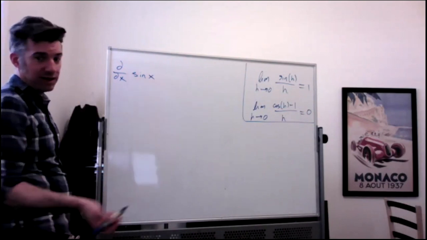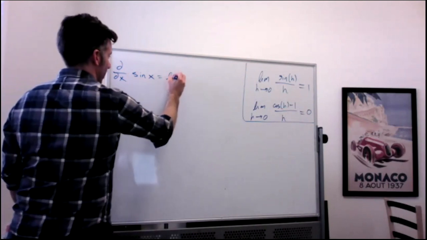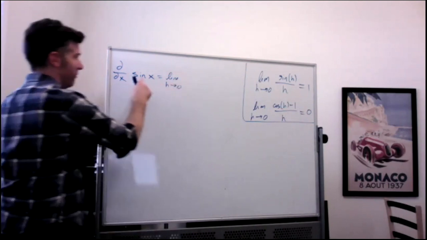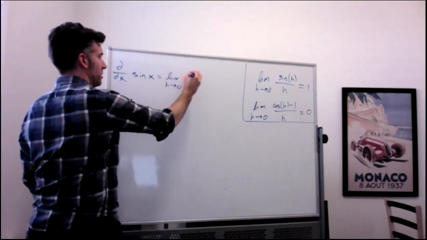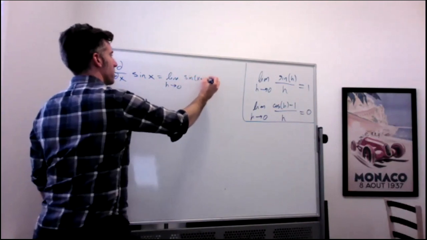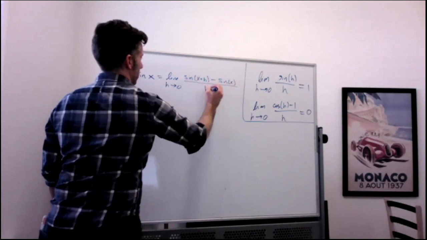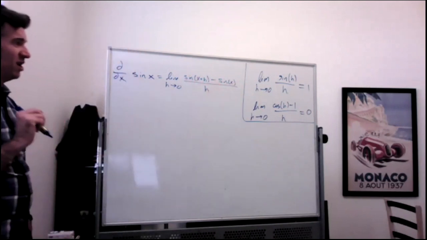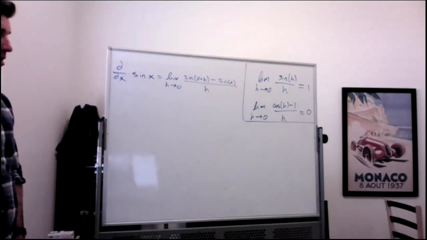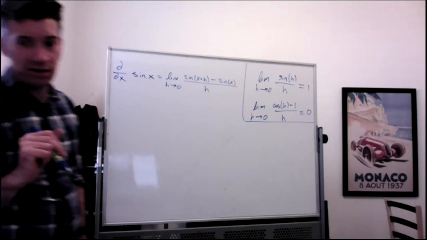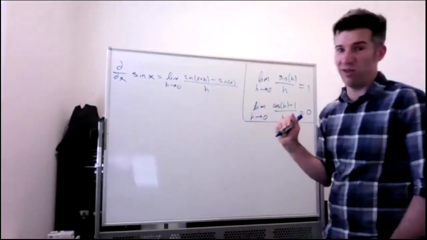So the derivative of sine of x is the limit as h goes to 0 of the function evaluated at x plus h minus the function evaluated at x all over h. We also need one other thing.